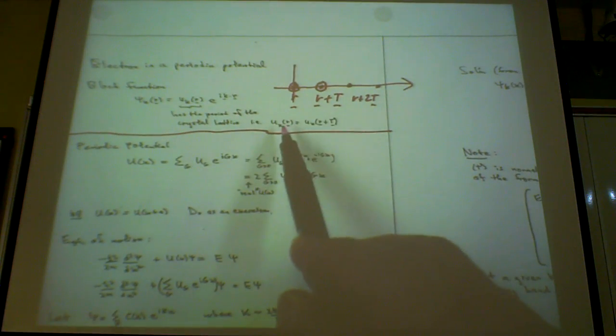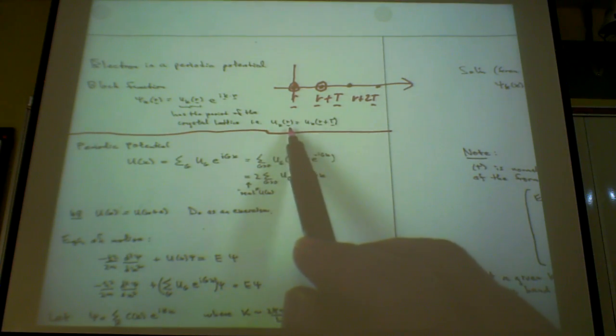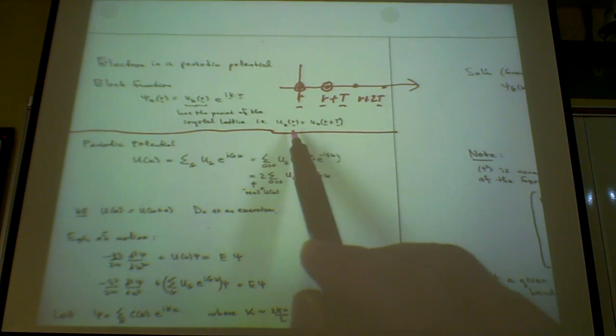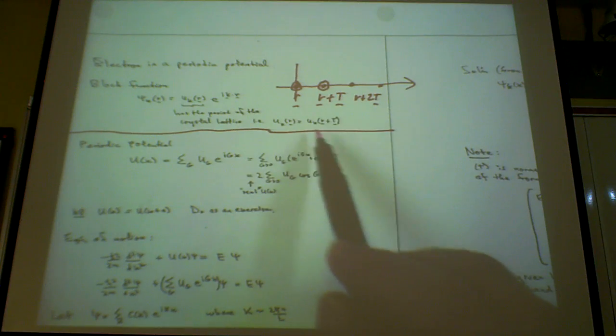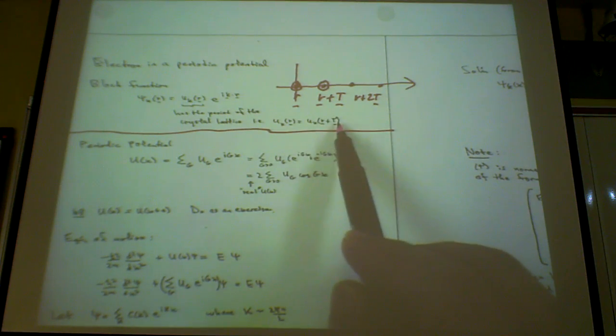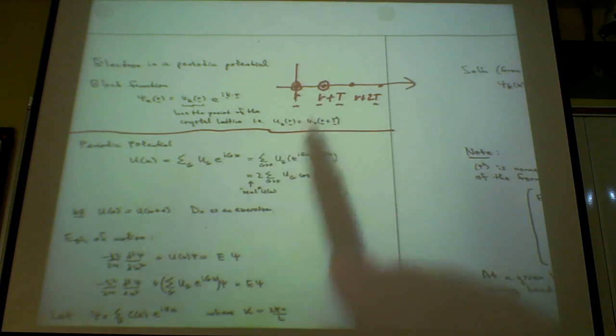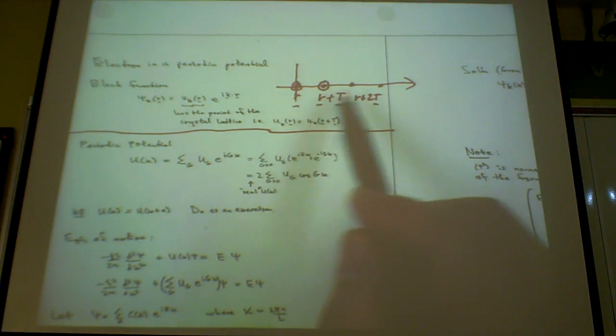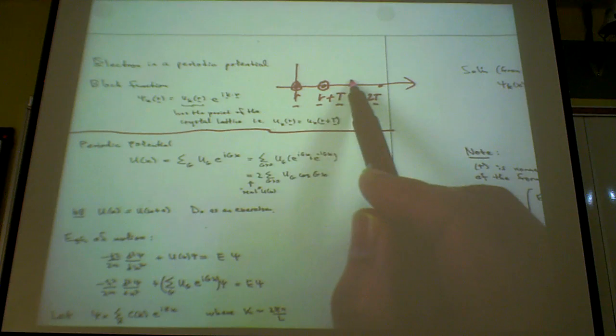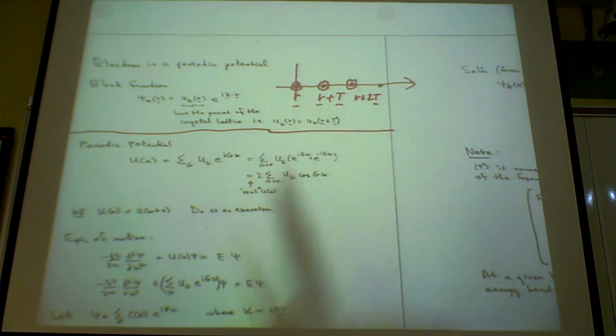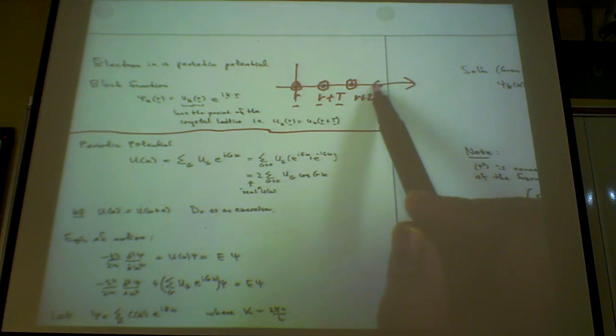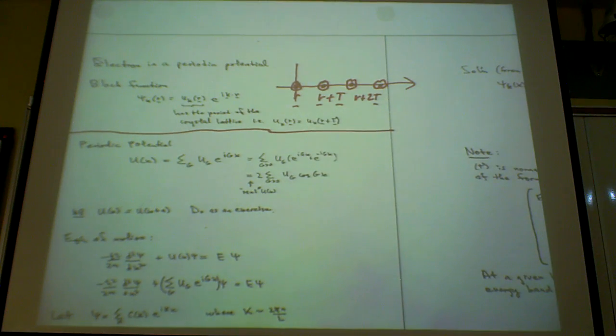Mathematically, that means u of r, this function that depends on r, should be the same as u of r plus T. If I move myself by T, the two functions should be identical. If I move myself by 2T, the function should be identical. Move myself by 3T, identical, and so forth. So that's how you define periodicity when you move yourself.